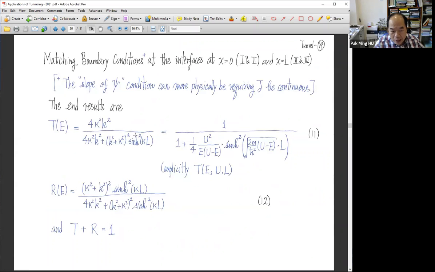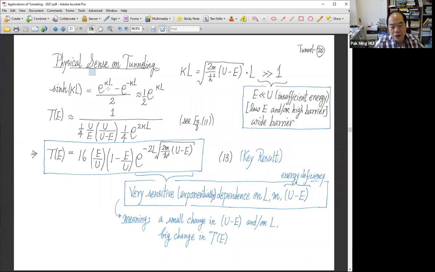In particular, look at this sinh function. The definition is this. For our problem, tunneling, we usually have a thick barrier and a large energy deficiency. That is to say, capital L is usually big, thereby you don't need to worry about this term, you have this term.